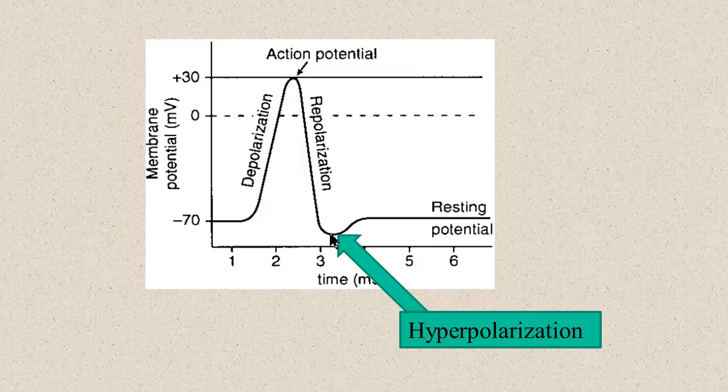But it's okay because at the bottom of this graph we have all voltage-gated sodium and potassium channels closing, and the sodium-potassium pump will redistribute those ions back on either side of the membrane back up to resting potential, and our stimulus can begin again.